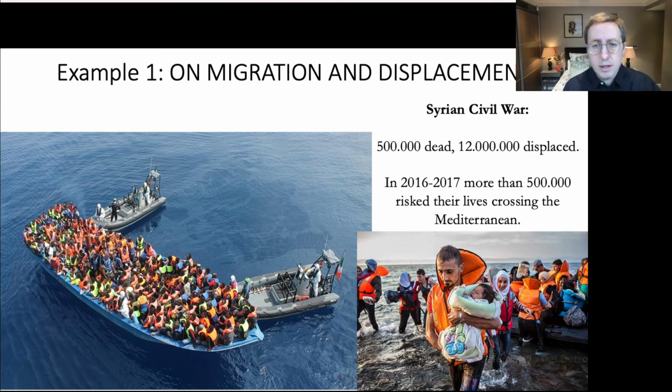And only the Syrian civil war has brought about the death of more than 500,000 people and rendered 12 million people displaced. And for instance, just an example, in 2016-17, a few years ago, more than 500,000 people risked their lives crossing the Mediterranean from the other side of the Mediterranean towards the European side of the Mediterranean, in Greece and in Italy.